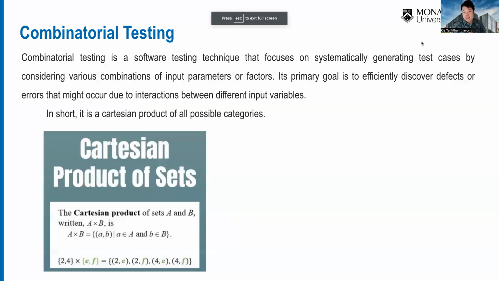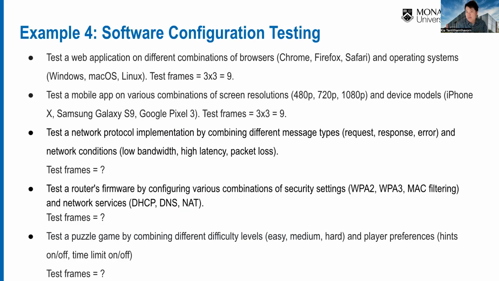Okay, next one is called combinatorial testing. Basically, this concept is very simple. We just generate the test cases based on the combination or a Cartesian product. We use this, for example, in software configuration testing. Let's say we develop an application and we want to test on different browsers and operating systems.